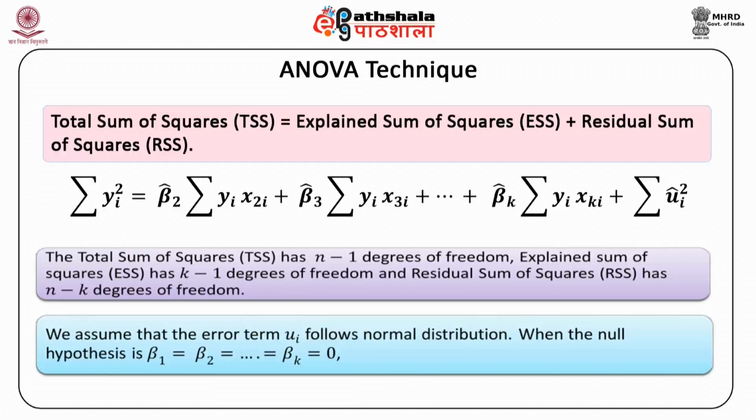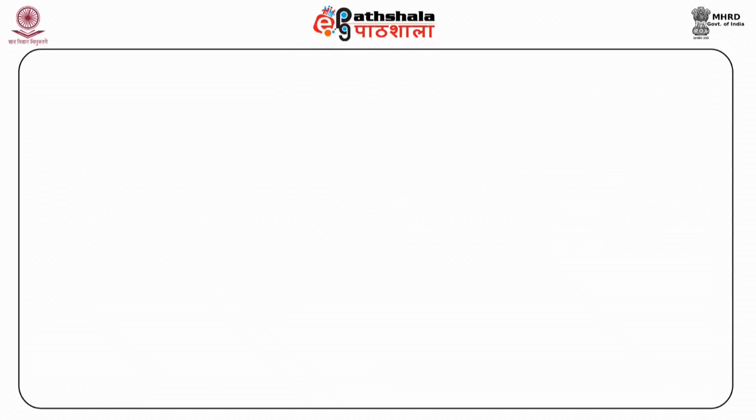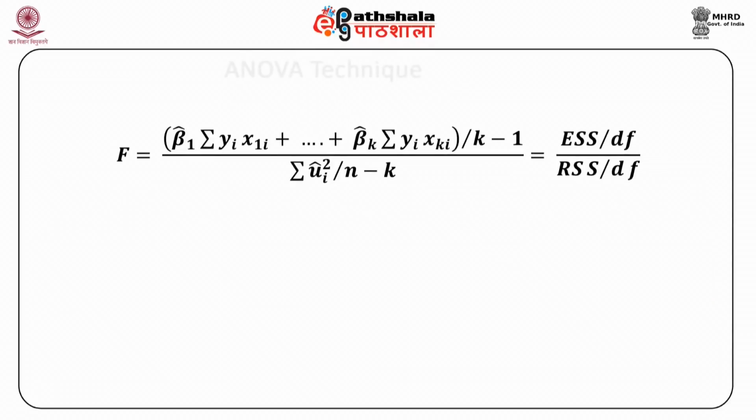When the null hypothesis is beta 2 equal to beta 3 equal to beta k equal to 0, F is equal to, in bracket, beta 2 hat into summation yi x2i plus so on up to beta k hat into summation yi xki, whole divided by k minus 1, and in the denominator we have summation ui hat square divided by n minus k.